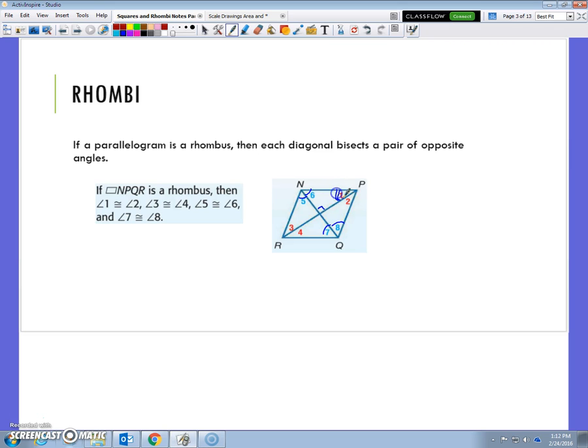And so we would know these guys are congruent because they're bisected, and we know 3 and 4 are congruent as well. There are all kinds of these new properties with rhombi, especially about the angles, that are new compared to rectangles or just other parallelograms. With the rhombi, the diagonals bisect each other and the angles.